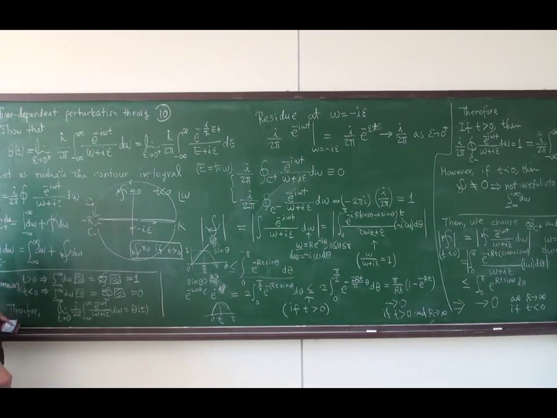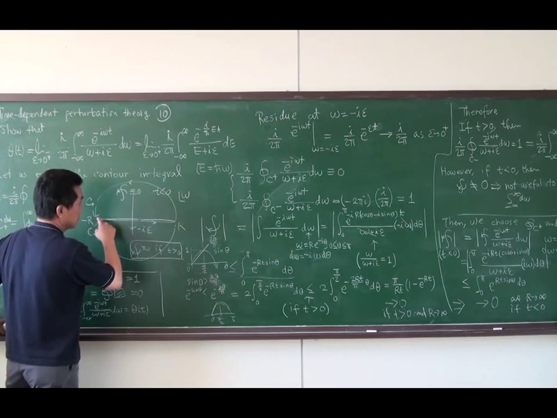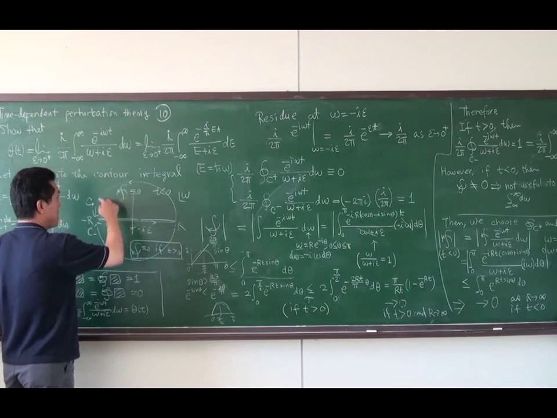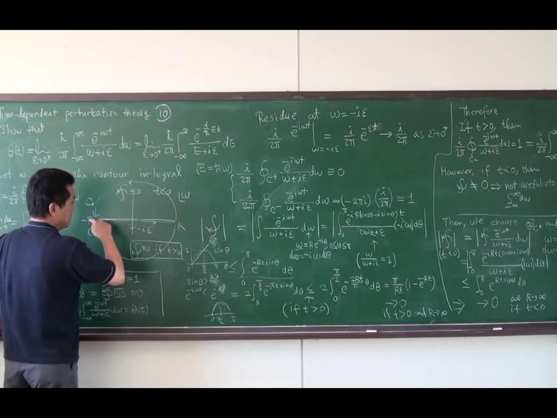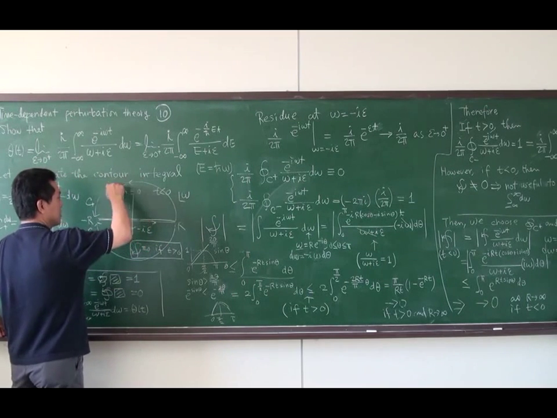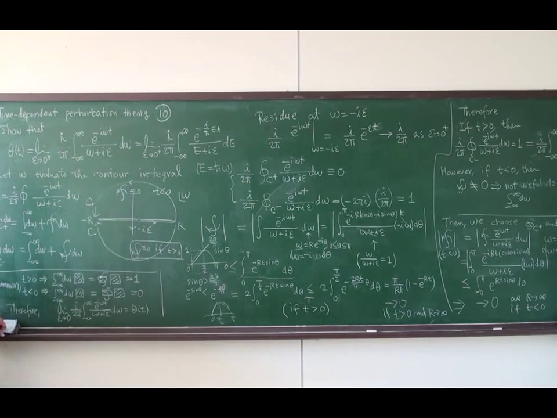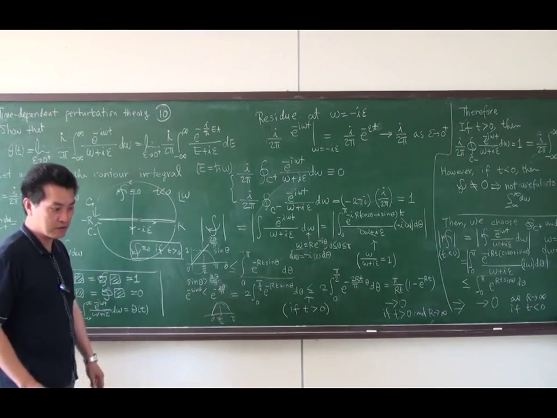If t is negative, the integral along the upper semicircle vanishes, and regardless of the value of t, the closed contour integral on the upper half plane vanishes. Therefore, this integral, I over 2 pi, integration of omega from minus infinity to infinity, exponential minus I omega t divided by omega plus I epsilon, as epsilon goes to 0 plus, is the theta function.